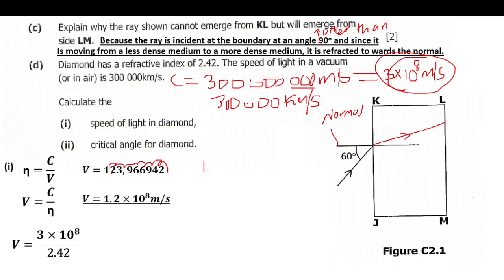Then I just decided to put one digit there, which is 2, then times 10 to the power, since we are moving how many times? 8 times to the left, so the 8 will be positive. Then I had to bring back the units for speed, meters per second. So that's how this was found.